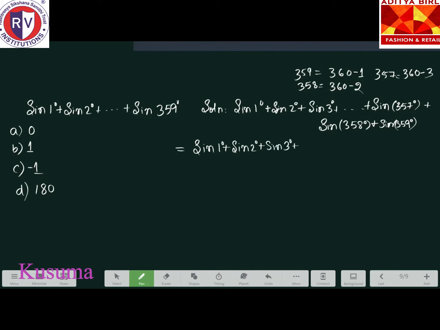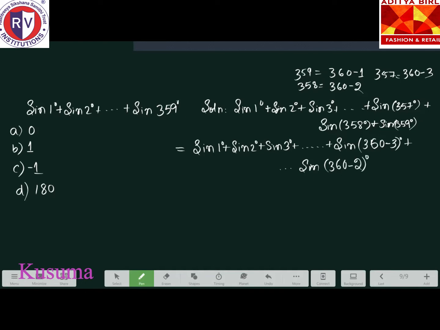Can anybody tell me what is sine of 360 minus theta? 360 means 2 pi, right? That is sine of 2 pi minus theta. It is minus sine theta. Very good.